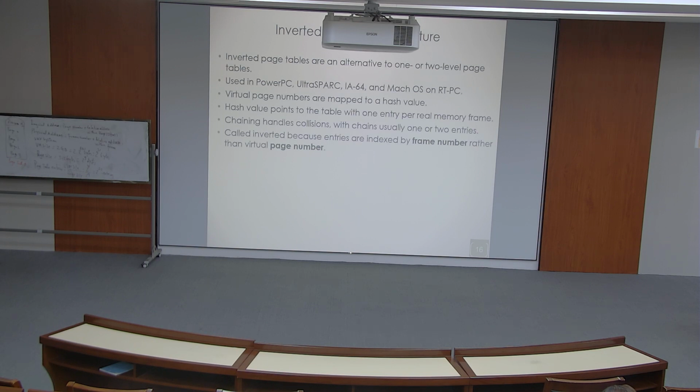Then we have chaining to handle collisions, with chains which usually have one or two entries. We call it an inverted page table because the entries are indexed by the frame number instead of the virtual page number.